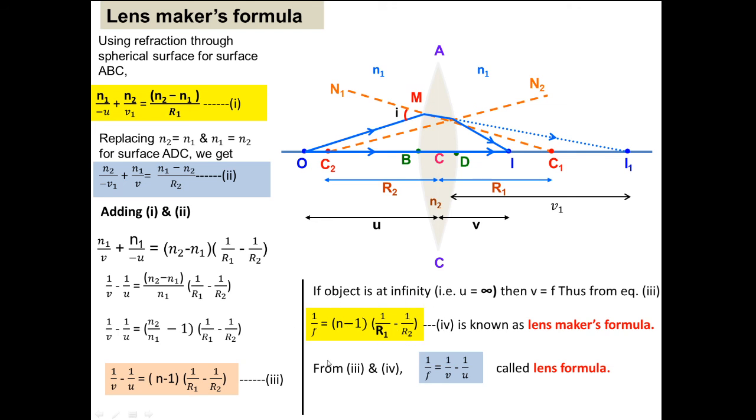This equation is known as the Lensmaker formula. Now if we see equations 3 and 4, the RHS is equal, so we can write 1 by F equal to 1 by V minus 1 by U. This is called the lens formula.